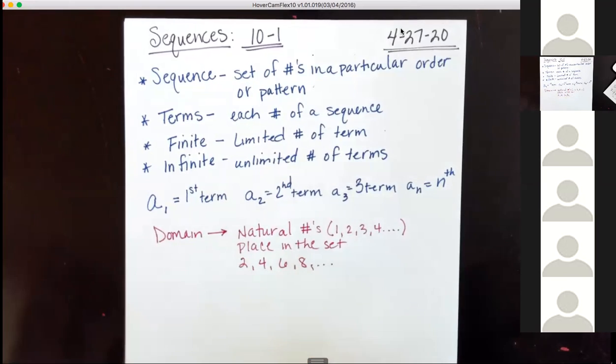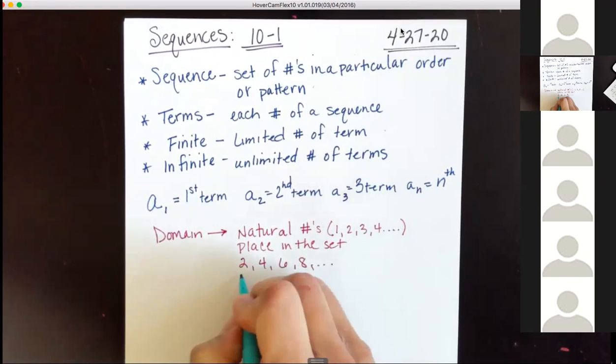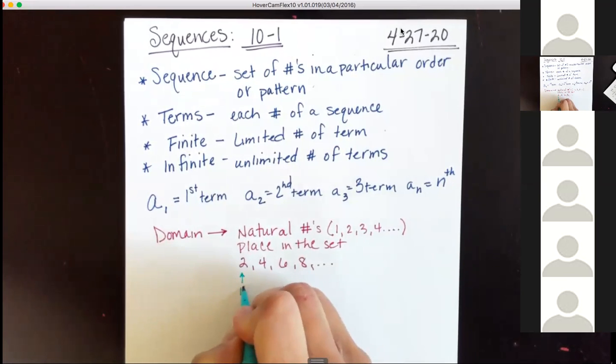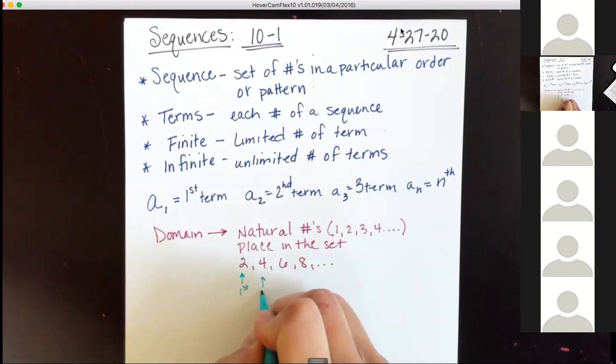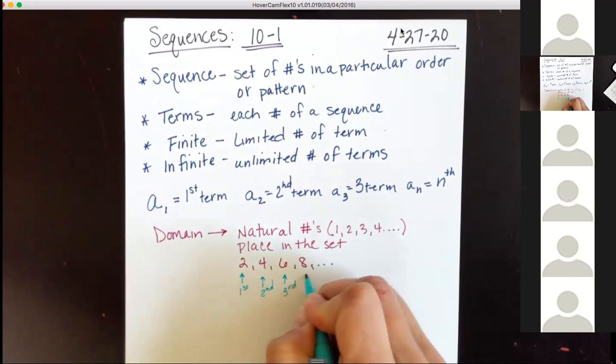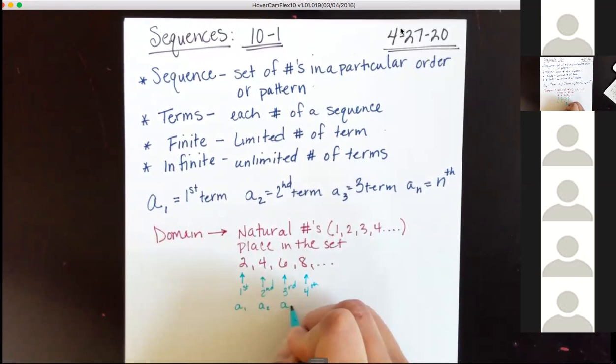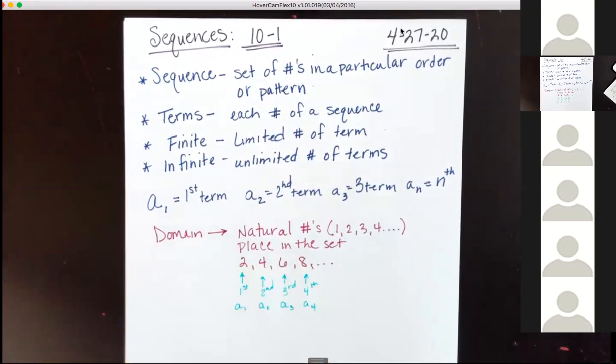We can see that there's this even number pattern, but this position is the first place here. That's the first and the second and the third, obviously the fourth. So this is a sub 1, a sub 2, a sub 3, a sub 4. Those are the places that things appear.